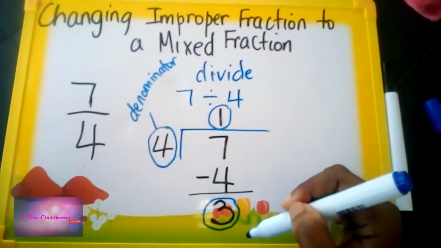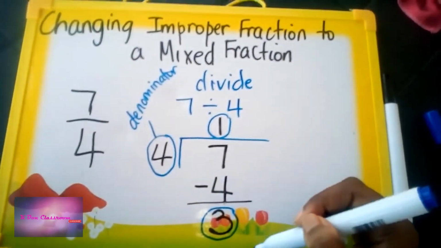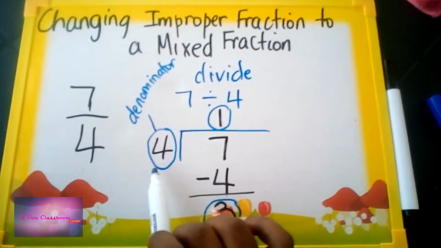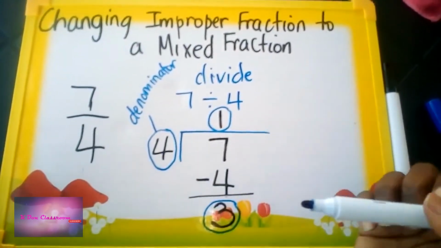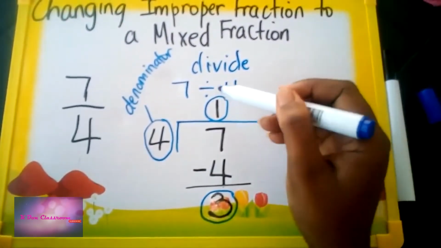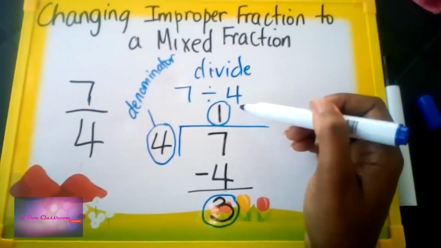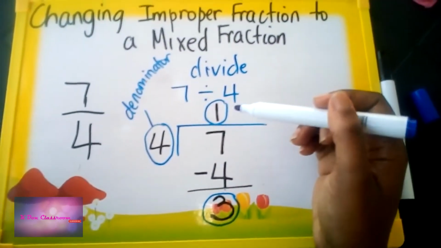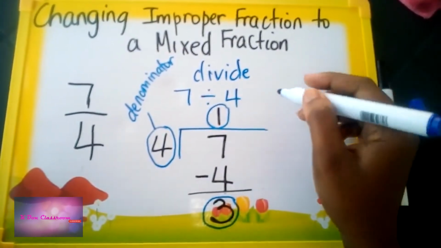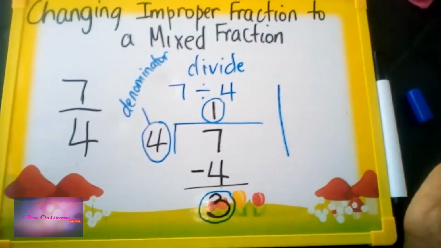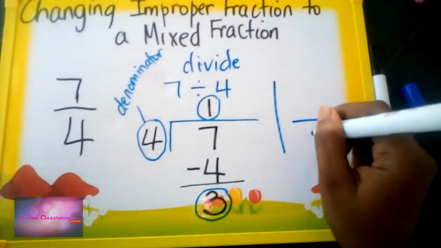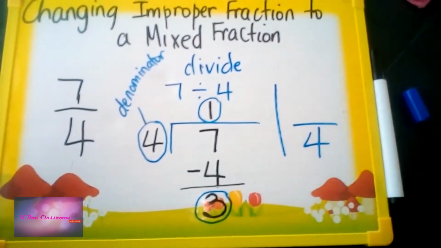Now these 2 will be used along with the 4 to represent our mixed fraction. Whatever number we get at the top here is what we use as the whole number. So the 1 now becomes our whole number. And we know that the 4 is our denominator, so it does not change.